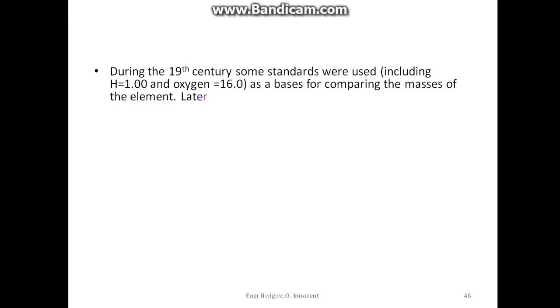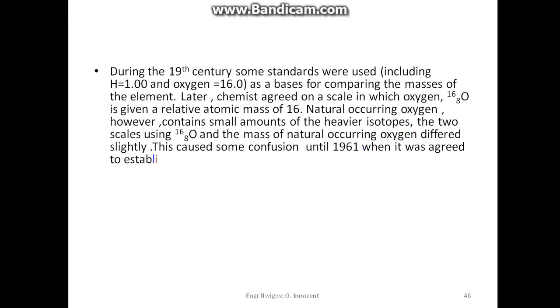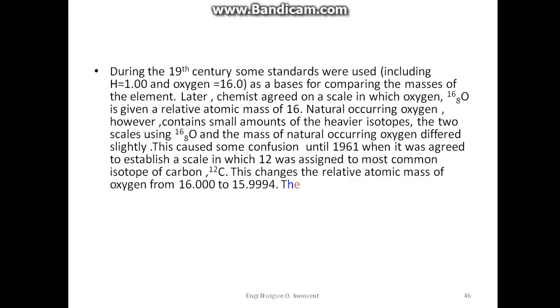During the 19th century, some standards were used, including hydrogen equals 1.00 and oxygen equals 16.0, as a basis for comparing masses of the elements. Later, chemists agreed on a scale in which oxygen-16 is given a relative atomic mass of 16.